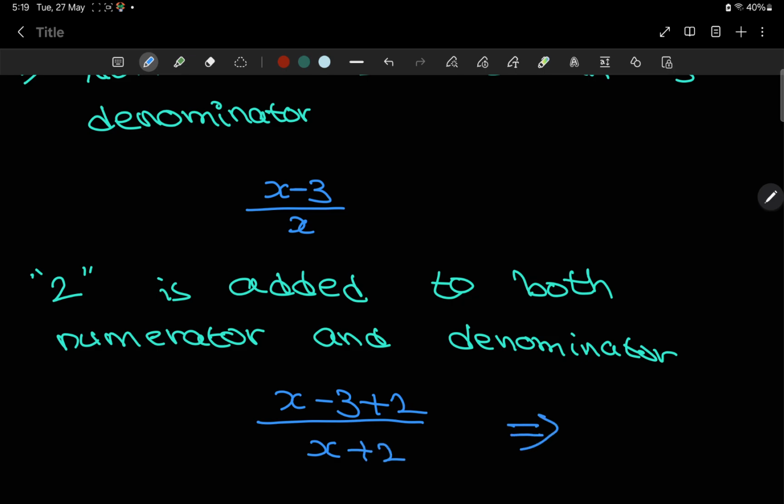Minus 3 plus 2 is nothing but minus 1. So it is x minus 1 by x plus 2.